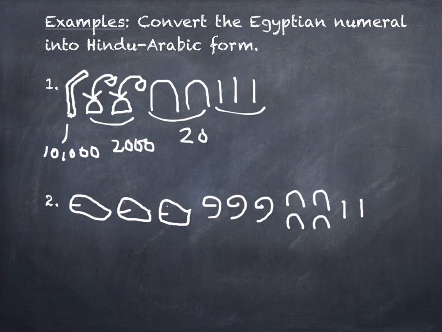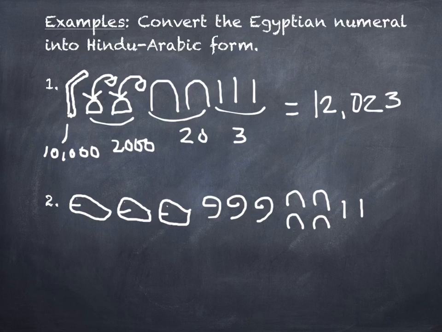And I have 3 strokes at the end, so that's 3. So I can take 10,000. Okay, nothing's showing up. 10,000, 2,000, 20, and 3, and I can combine them all, and what's my number? 12,023. There they are. Just like that, they show up.